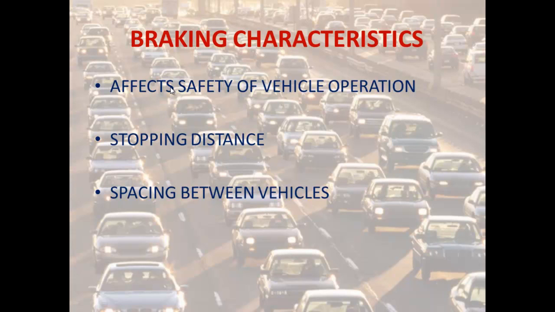In this way, the braking characteristics of a vehicle affect the traffic characteristics in general. This braking characteristic was one of the dynamic characteristics we discussed. So this was all about the static and the dynamic vehicular characteristics.